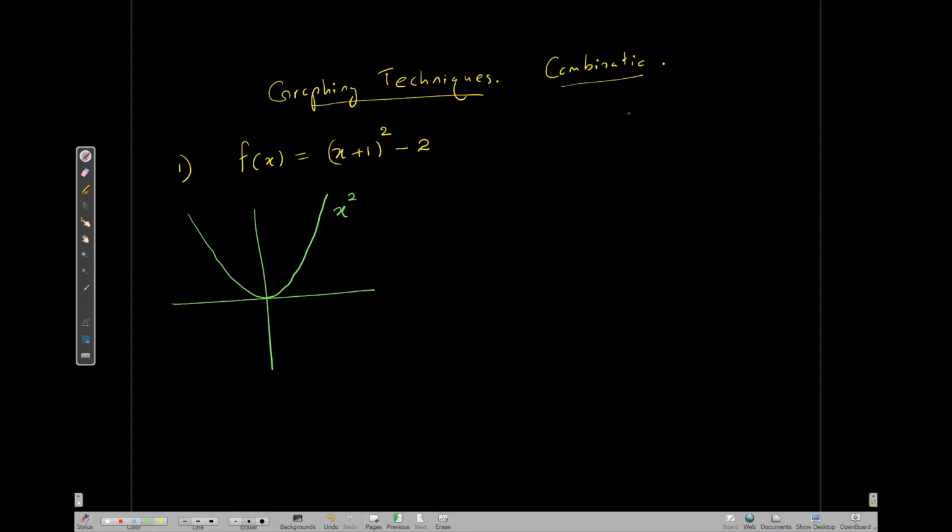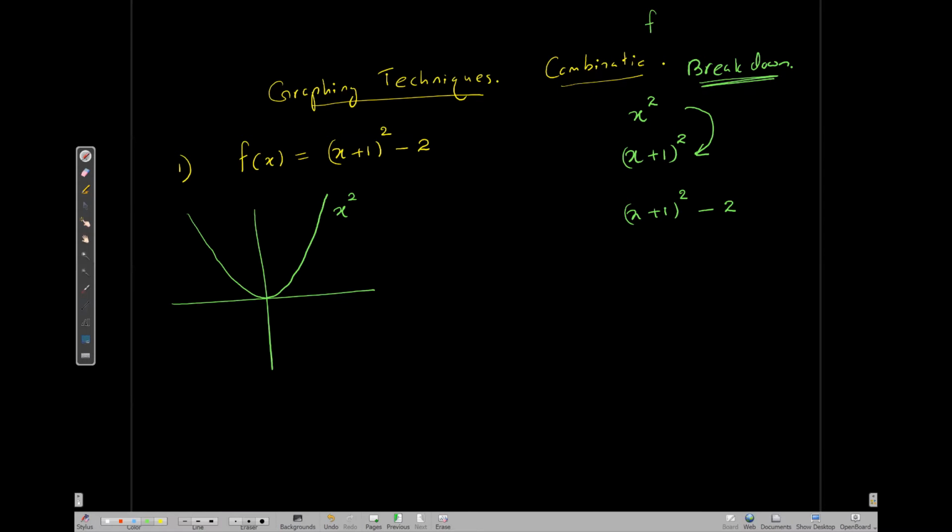So if I were you, I would write down the breakdown of this particular problem, our first problem. x squared, then I would draw (x plus 1) squared. Then finally I would do minus 2. So from here to here, what transformation can you remember?